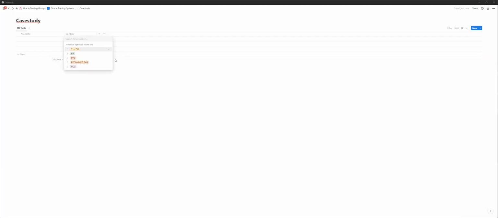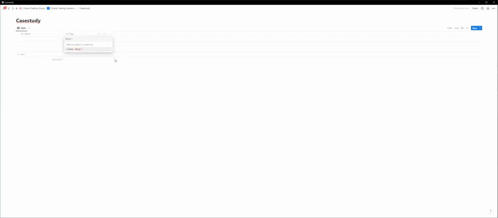Can do that one here. What is this? Suspected swing? Okay, we'll call it that. Suspected swing. Right, we have so many concepts here. Power 3, we have displacement. We have failed ISP, we have SMB, we have so many concepts.